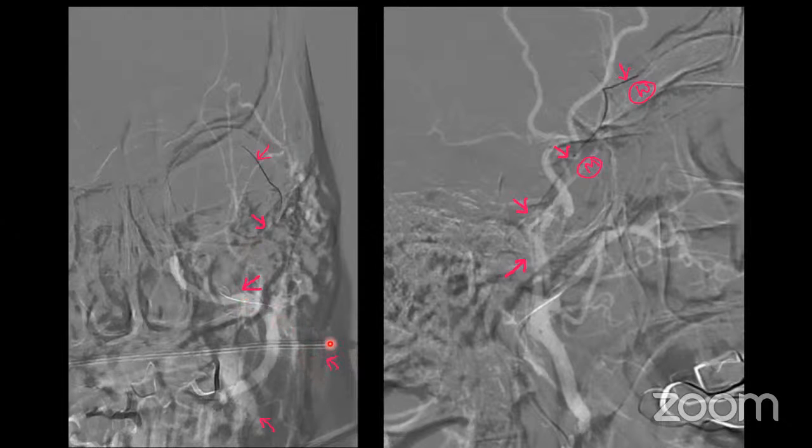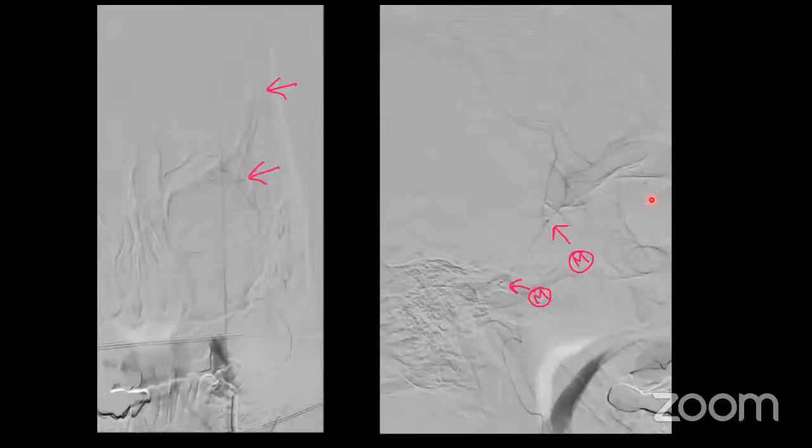Here we can see the wire is taken through the external carotid artery, through the internal maxillary artery, then gone up to the middle meningeal artery, and we are pushing the wire to the anterior division. And behind that, we can see the distal marker and the proximal marker of the microcatheter.